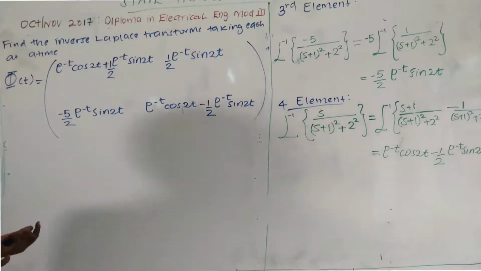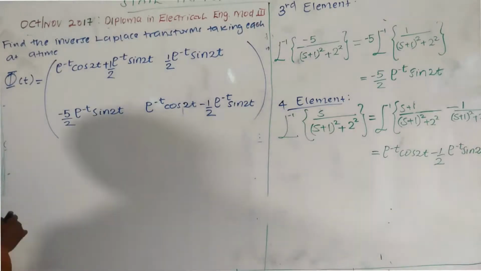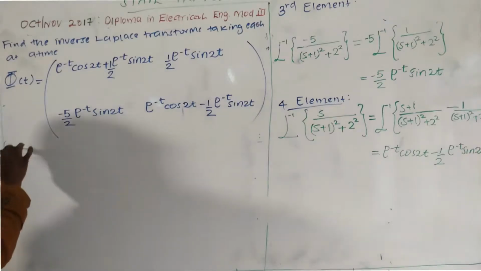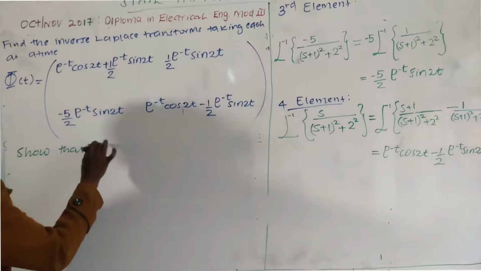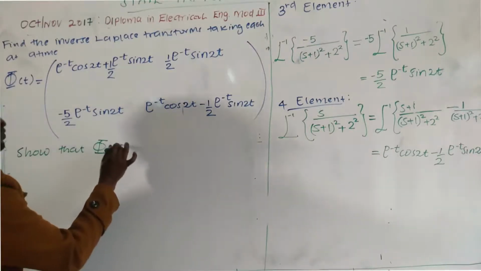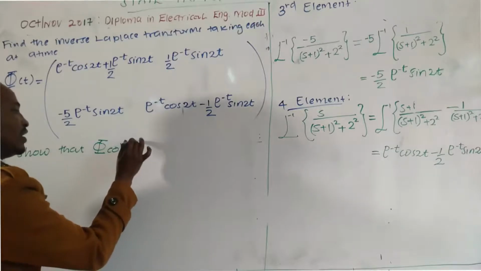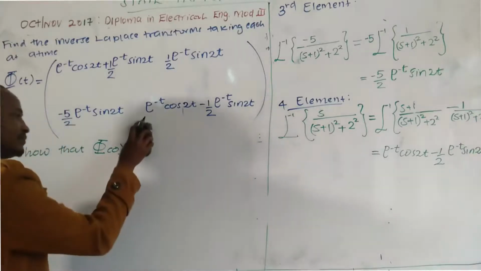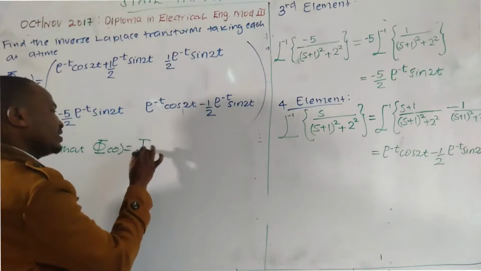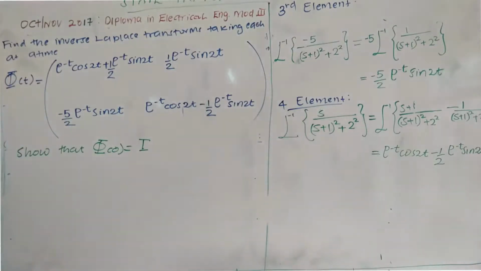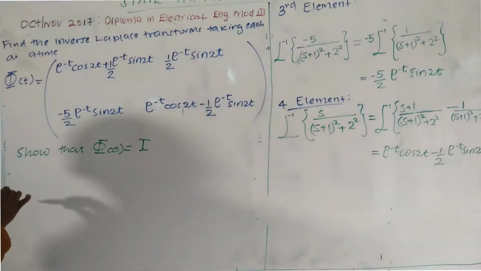So now the last question is to show that phi of 0 is equal to the 2 by 2 identity matrix. You're going to say phi 0.